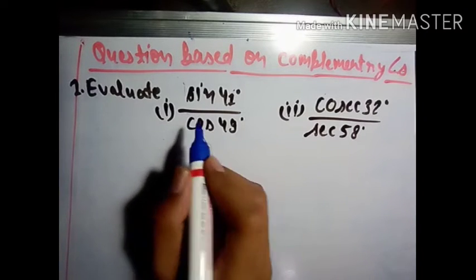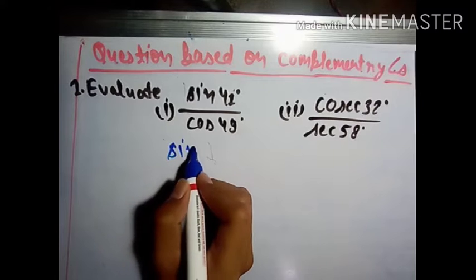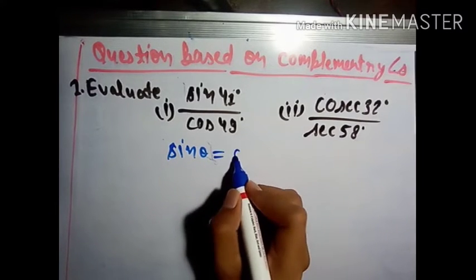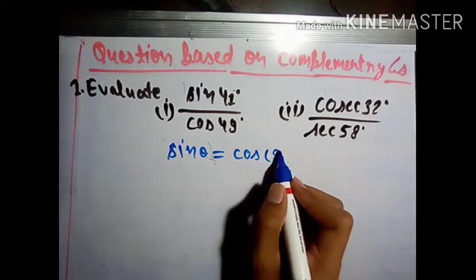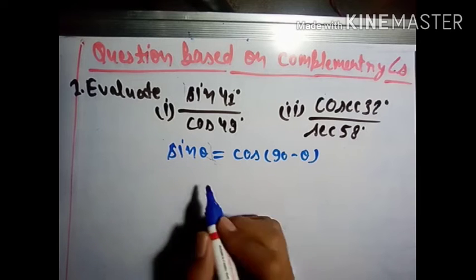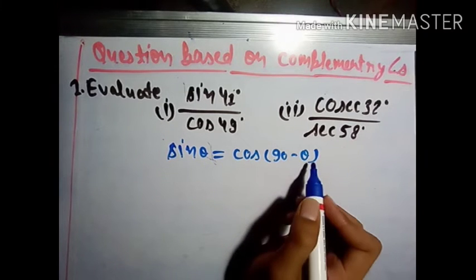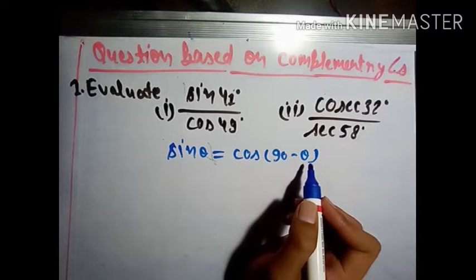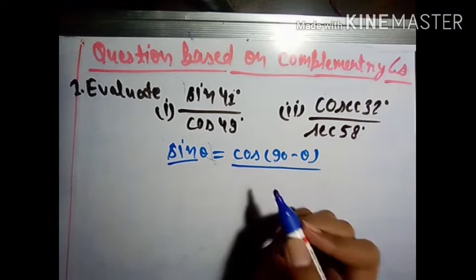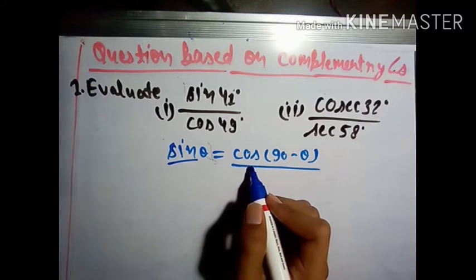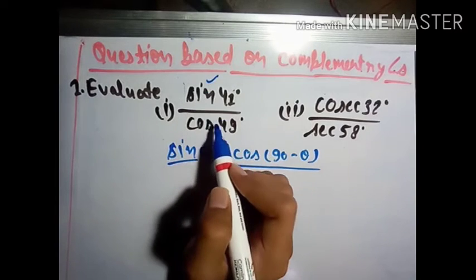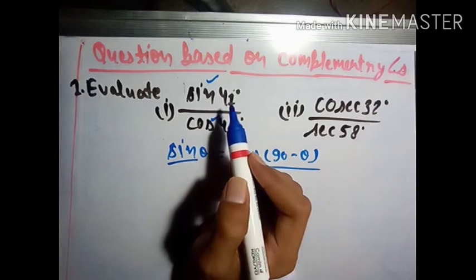So you have done that sin theta can also be written as cos 90 minus theta, okay. When sin theta is equal to cos 90 minus theta, this means what? Sin theta has pairing with cos, so sin and cos are taken as a pair. Now look here, sin and cos are in divisible form.